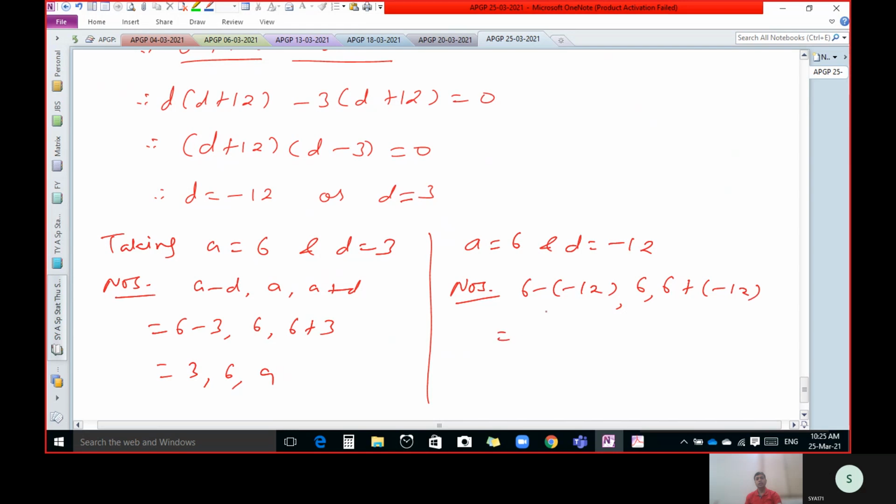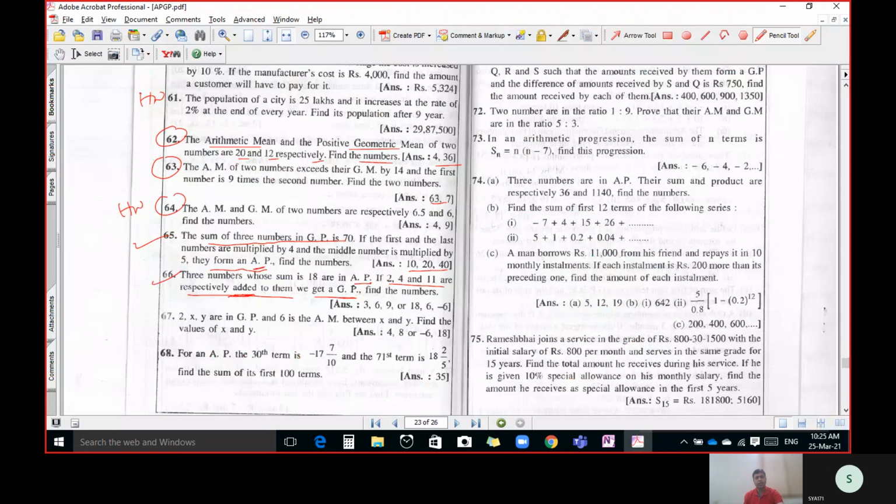So ultimately we get 6 plus 12, 18, then 6, and 6 minus 12 is minus 6. So these are two possible answers. You can write any one answer in exam, no problem at all, if nothing is mentioned with clarity like find all possible answers. So here my answer is either 3, 6, 9 or 18, 6 and minus 6. Both are valid.